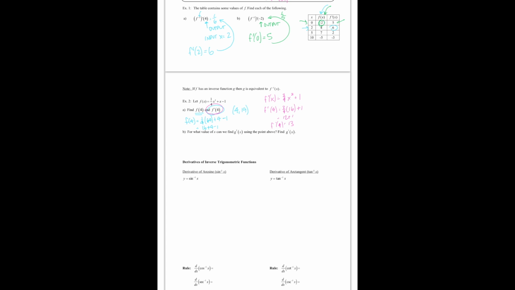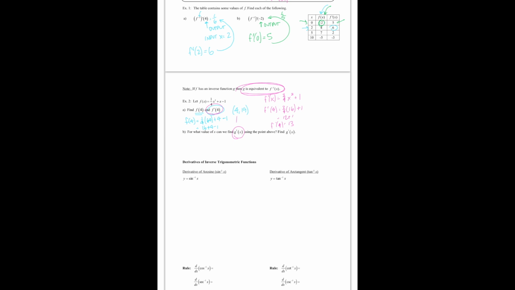Okay, so now the question becomes, for what value of x can we easily find the derivative of g? Okay, and notice up here, g is equivalent to the inverse. You do not have to find the inverse function. We should be able to answer this automatically. And here's how you do it.